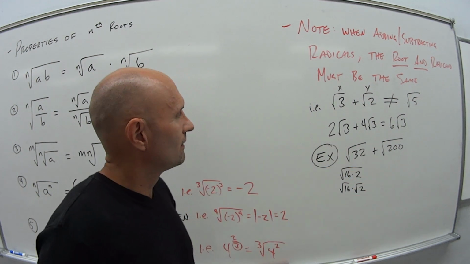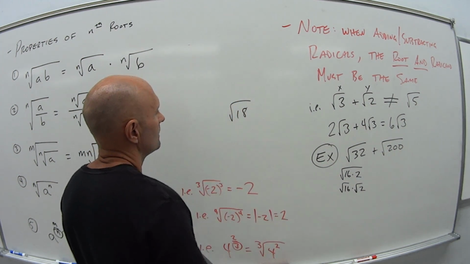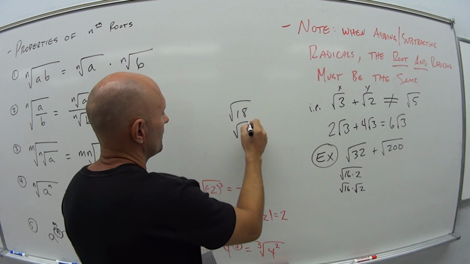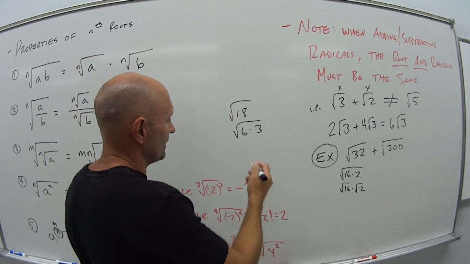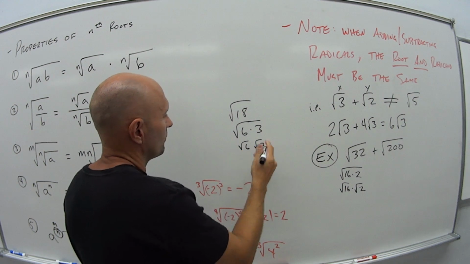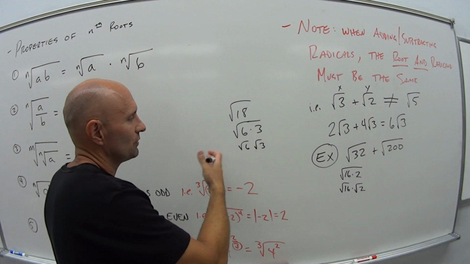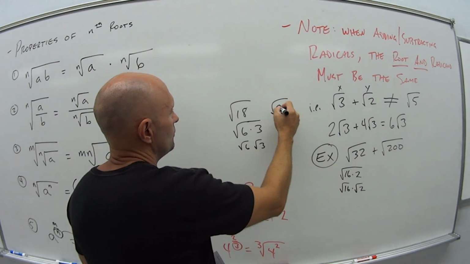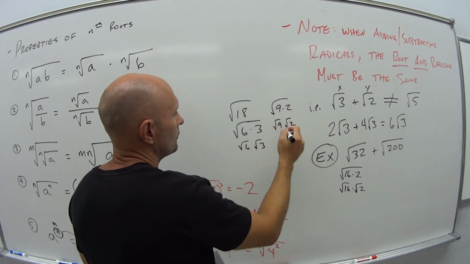Because if I did, let's say I have 18, square root of 18. Well, for me to break this up as square root of 6 times 3, that doesn't do me any good because I have square root of 6 and square root of 3. Those don't really simplify into a nice easy number, so it doesn't help me. But I could do 9 times 2 because what? Then I have square root of 9 and square root of 2.